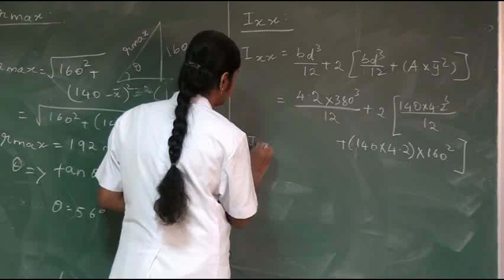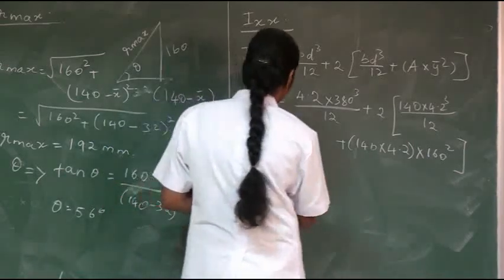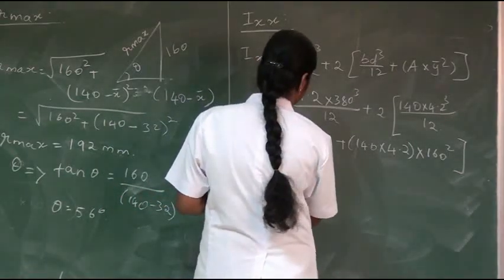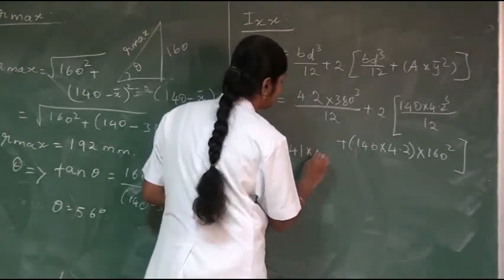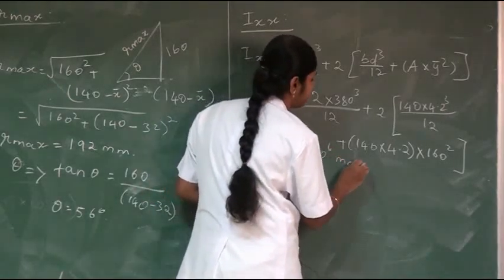By resolving this, we get the answer Ixx is equal to 41 into 10 to the power 6 mm to the power 4.